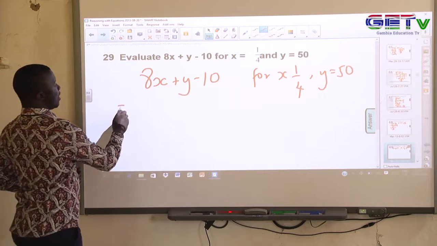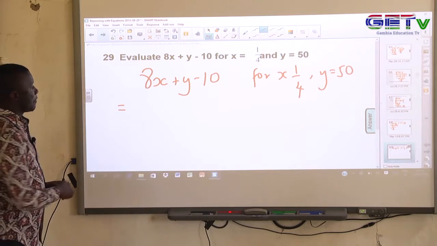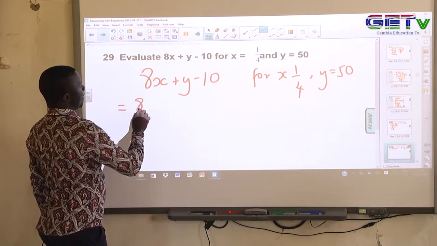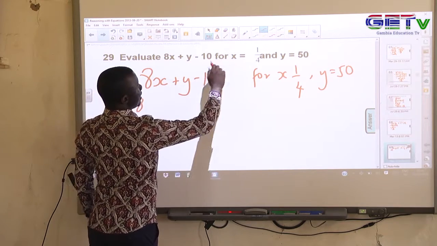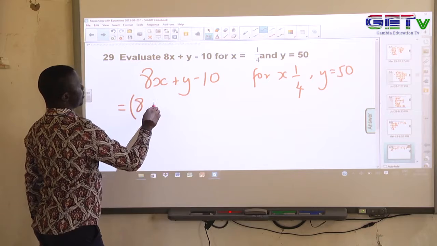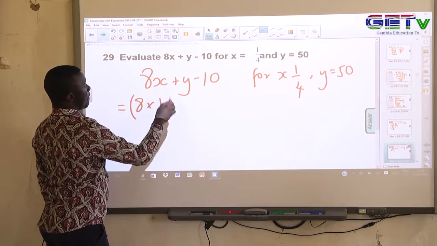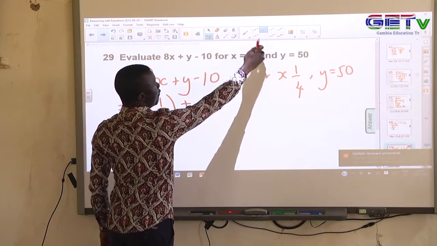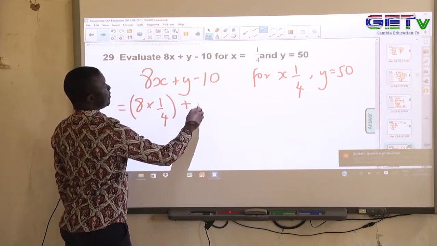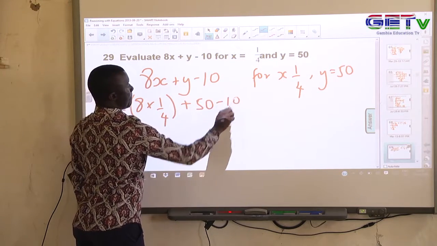Let us substitute now after rewriting the expression. 8, the value of x here is 1 over 4. So 8 times 1 over 4, plus the value of y here is 50, minus 10.